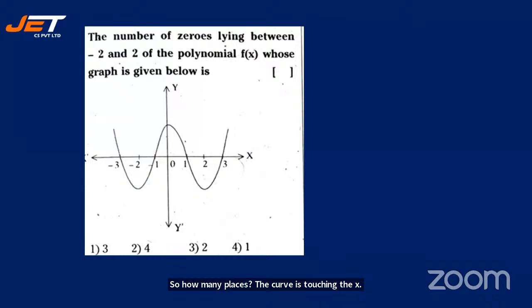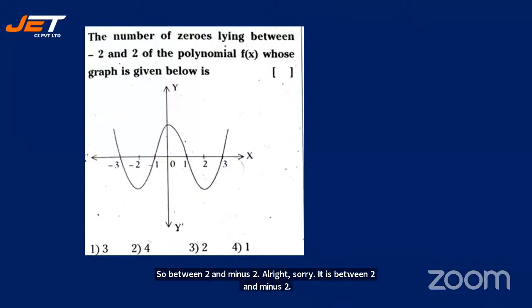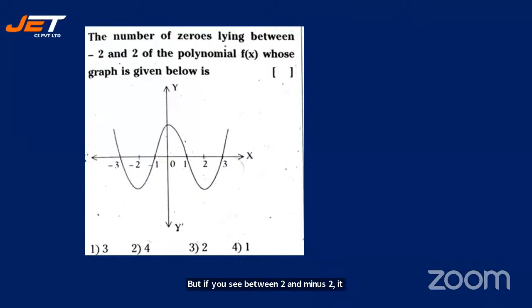They've given you the range, isn't it? If you see between 2 and -2, it only ends up in 1 and -1, because the next curve is touching only at 3 and -3.